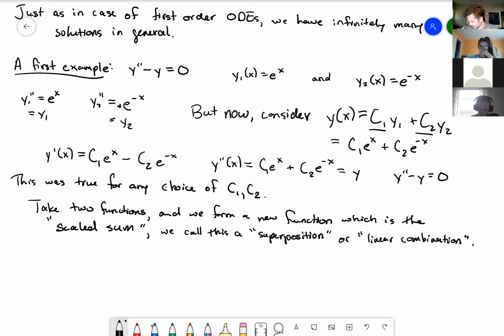And what we've really done is just we've taken two old functions and we've combined them to create a new function. And in this case, what we've seen is that any superposition or any linear combination of one function and the other function, or one solution and the other solution, gives us a new solution.